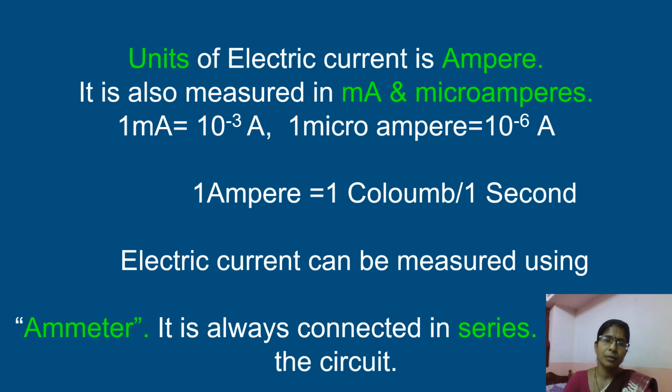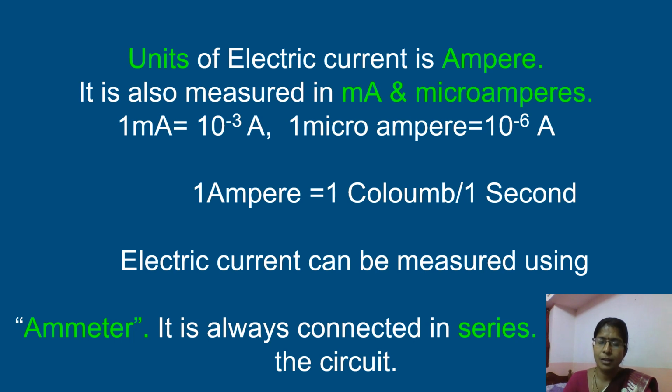Remember, 1 milliampere is equal to 10 to the power of minus 3 amperes, and 1 microampere is equal to 10 to the power of minus 6 amperes.